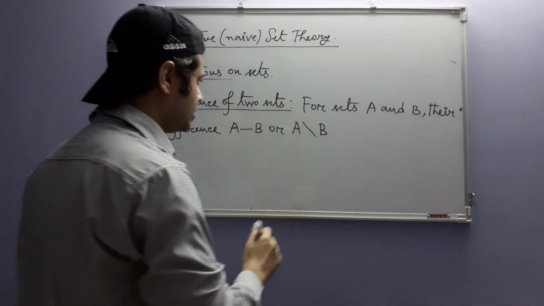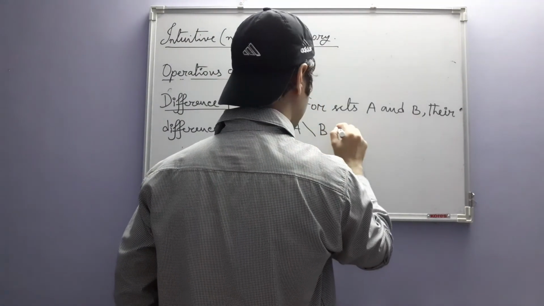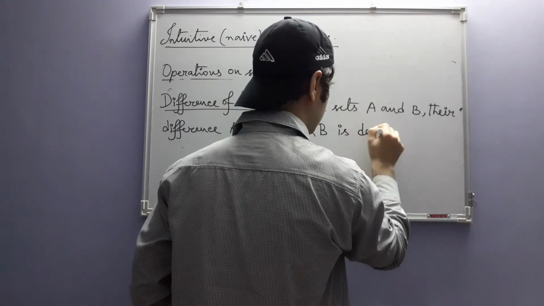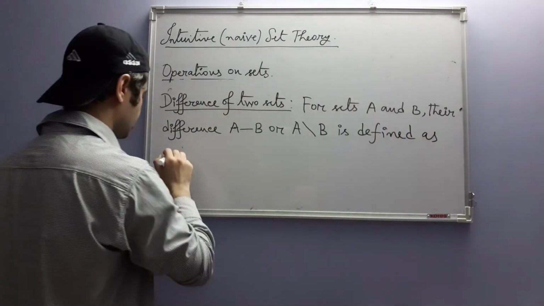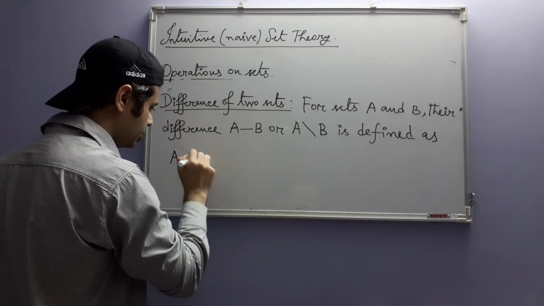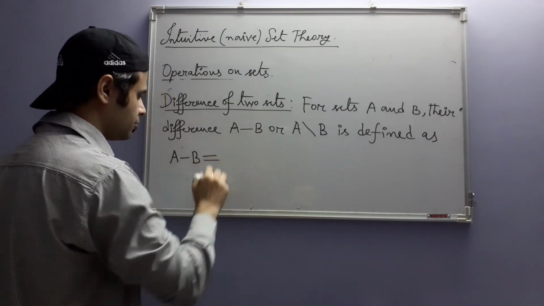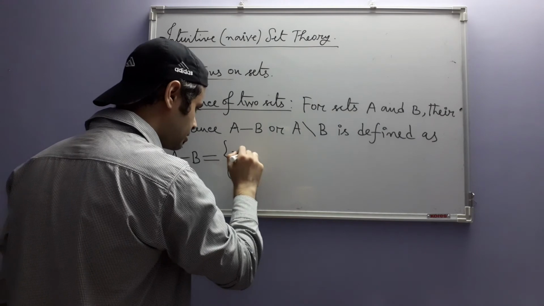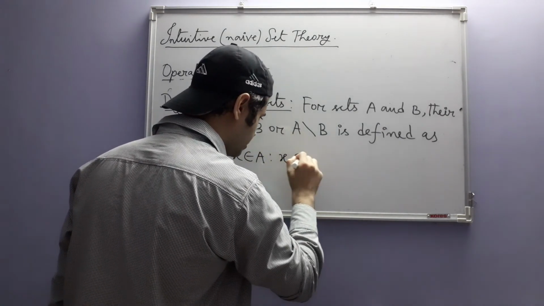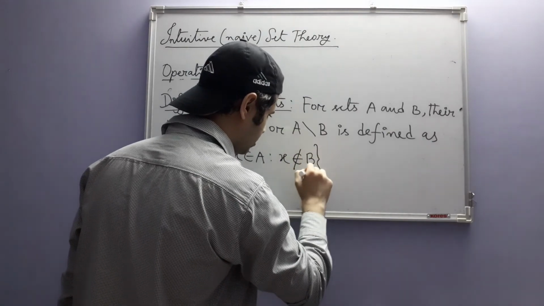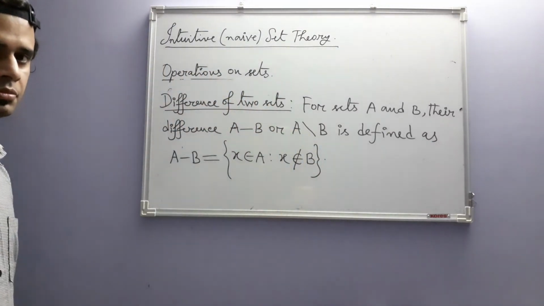Now, this is the difference. Their difference is defined as A minus B is equal to the set of those elements in A such that they are not in B. Okay.